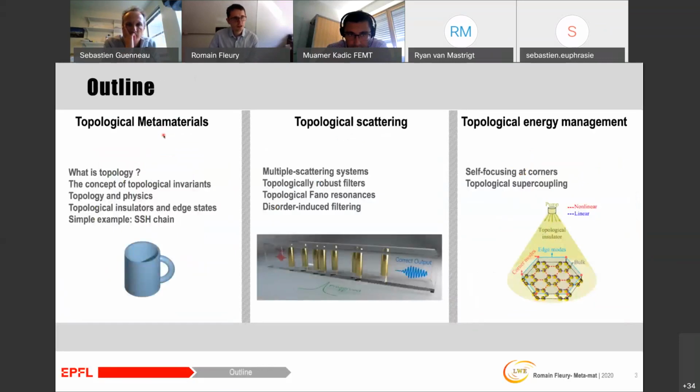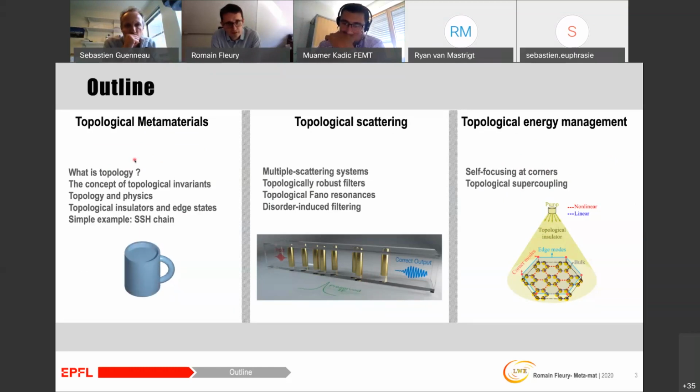So this is the outline for today. I will give a low-level introduction to what is topology, the concept of topological invariants, and why we care about this in wave physics and wave engineering, giving a few examples to better understand the rest of the talk.